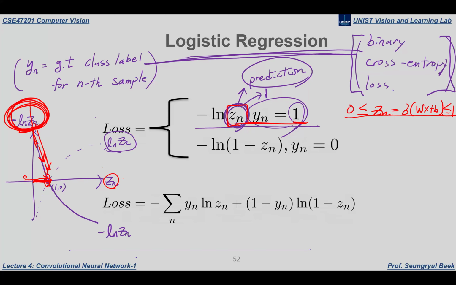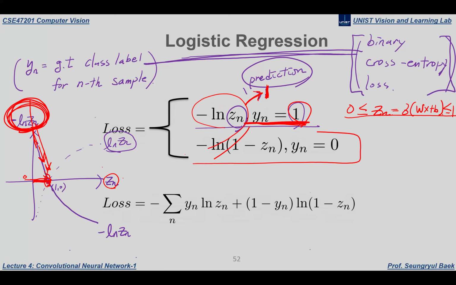So inversely, you can think that by minimizing this, Gn is becoming close to 1, right? So when yn is 1, we have to close Gn to 1. That is actually achieved by minimizing this loss, minus ln Gn. Are you guys understanding this?